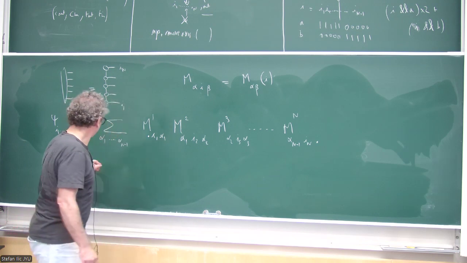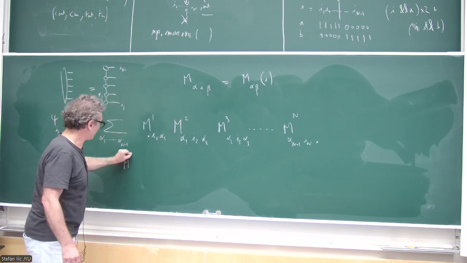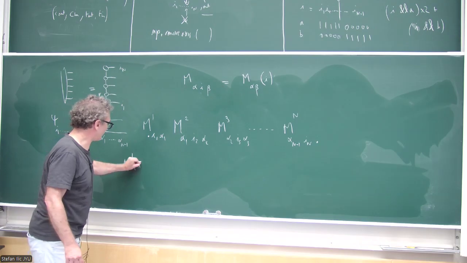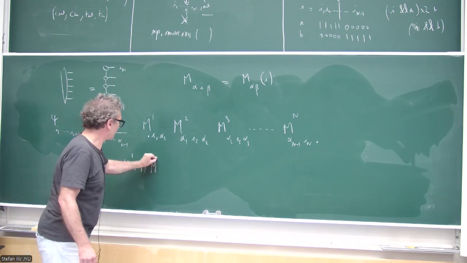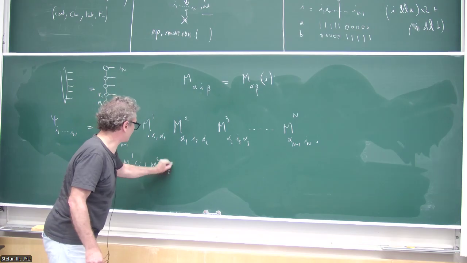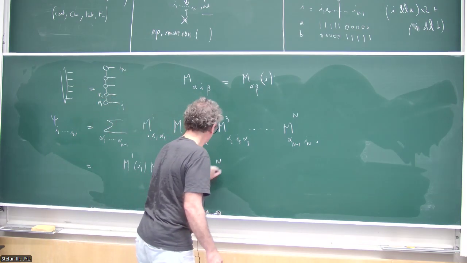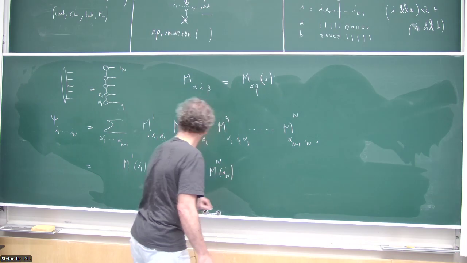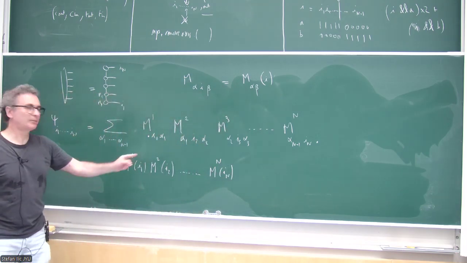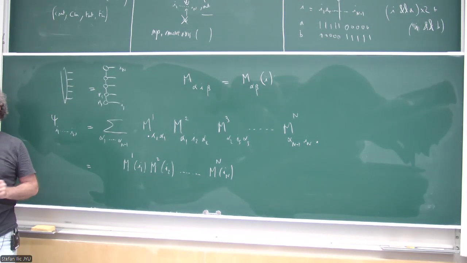And then I can rewrite that as M1 of I1, M2 of I2, up to Mn of In. It's a simple product of matrices once you have selected the indices. Hence the name, matrix product state, right?